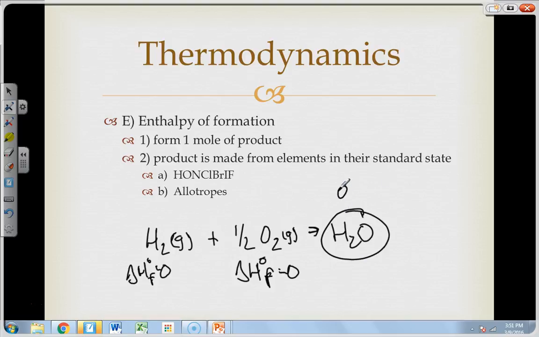This is the only thing that has enthalpy. So if this is the only thing that has enthalpy, formation reactions become important because now we can line up a whole bunch of formation reactions in order to do a Hess's law problem. So a lot of times we do the formation reactions followed by a Hess's law problem.